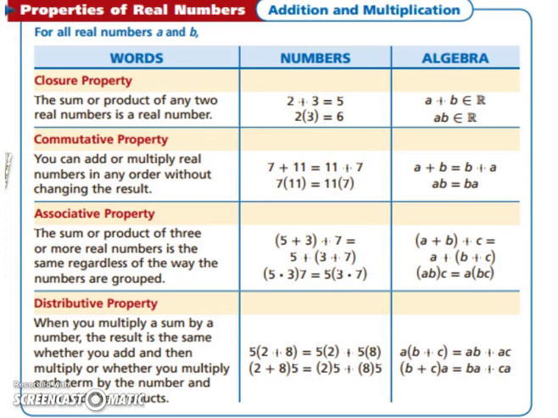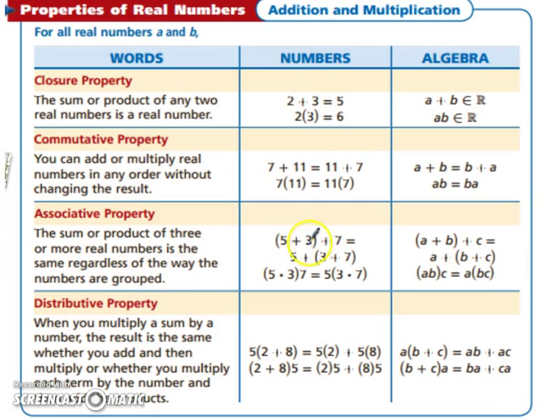The commutative property. This one should sound familiar. You can add or multiply real numbers in any order without changing the result. So 7 plus 11 is the same thing as 11 plus 7. The associative property: the sum or product of 3 or more real numbers is the same regardless of the way the numbers are grouped.